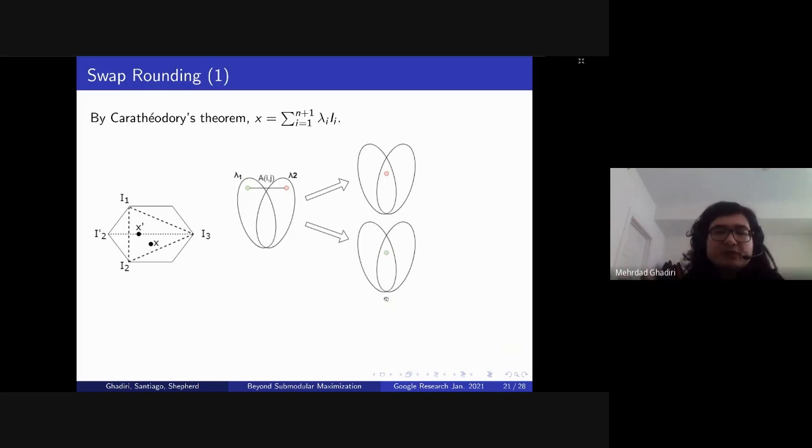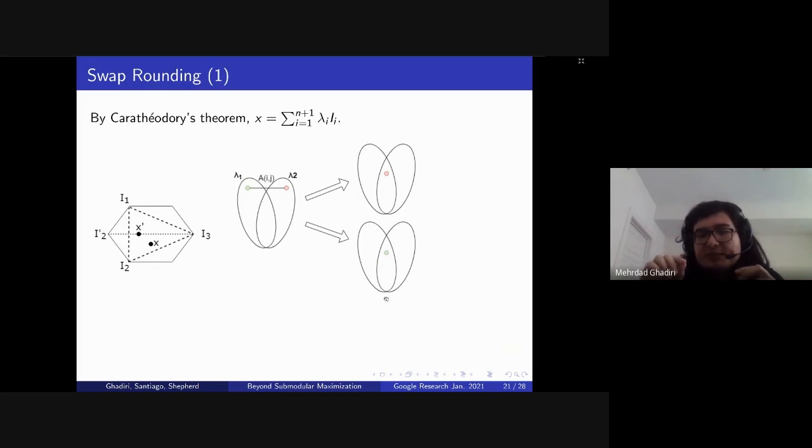And I can remove the red element from I2 and add the green element to it, and it is still a base of the matroid. So the swap goes like this. I do one of these things I just mentioned. I either remove the green element from I1 and add the red element to it, or I remove the red element from I2 and add the green element.